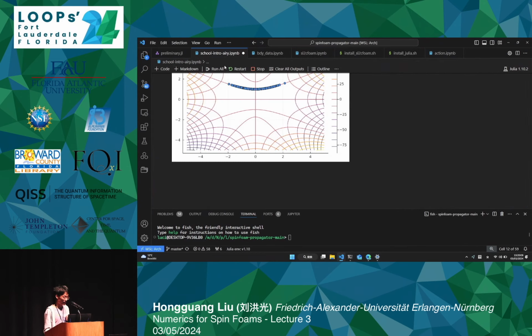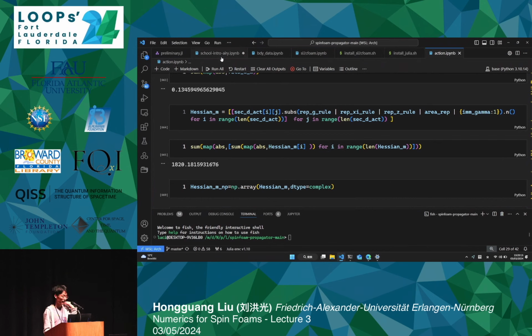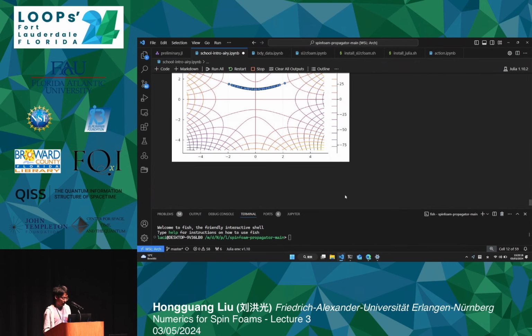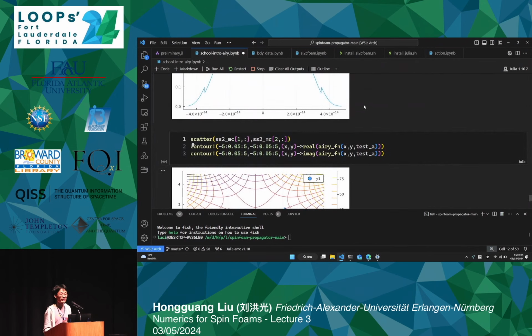But you can also do the Lefschetz thimble, which is in the intermediate regime between large spin and small spin. You apply the Lefschetz thimble to the action, and that's all the numerical tools you need, and you can do it at home. Just do some practice. Okay, thank you.